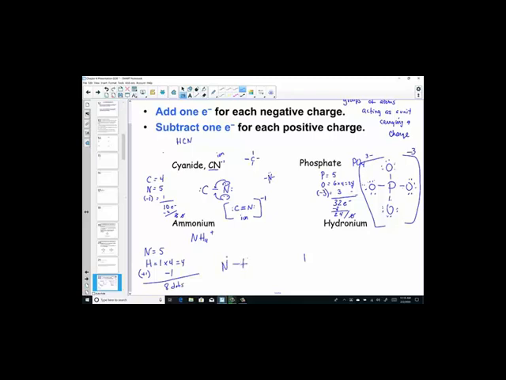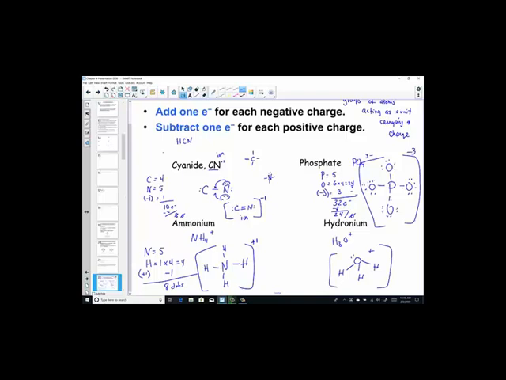We'll have nitrogen connected to all 4 hydrogens, and because it's a polyatomic ion, you'll see that positive charge outside. Hydronium, H3O plus. Oxygen with 3 hydrogens, 1 set of dots, and a positive charge.